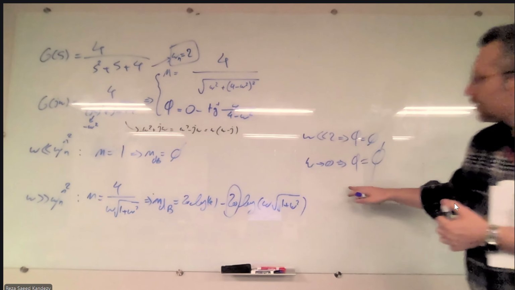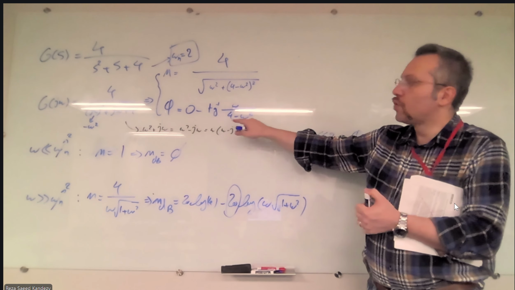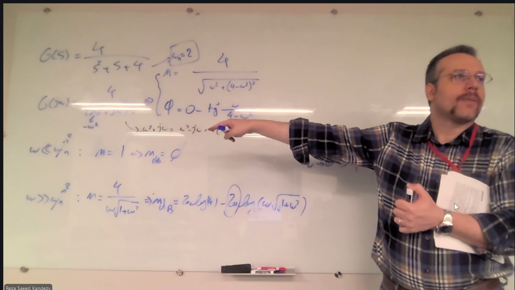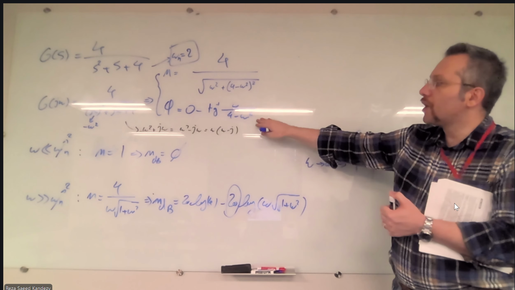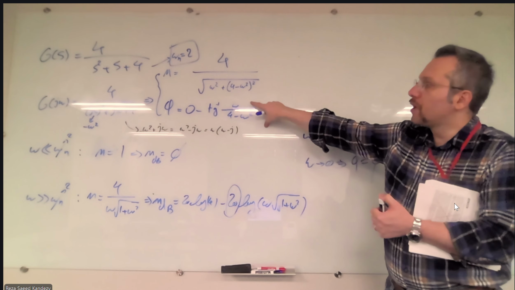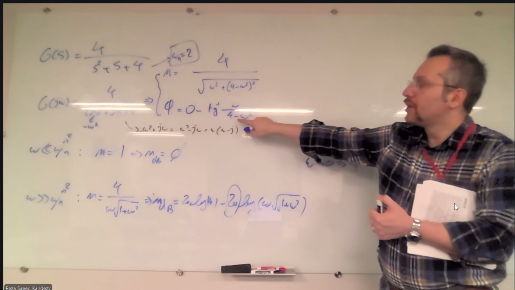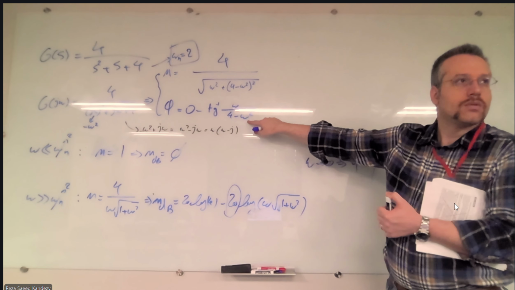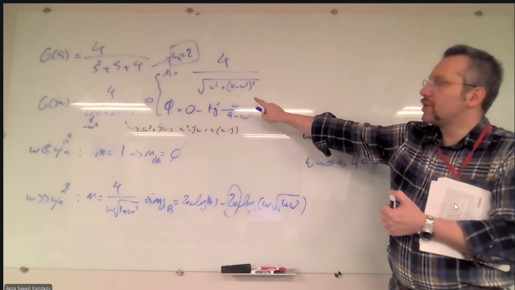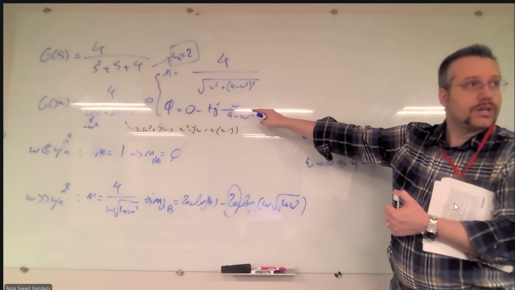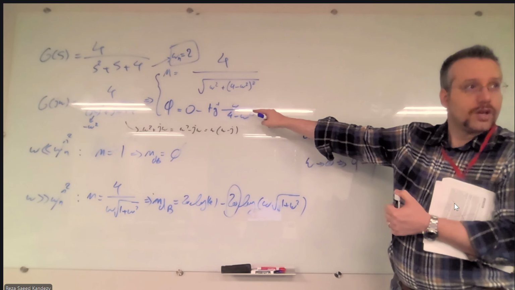Now what happens at omega equal to omega n? If omega is equal to omega n, which is 2, this becomes 2, this becomes 4, this becomes 0. So it becomes minus tangent inverse of infinity, which is 90.